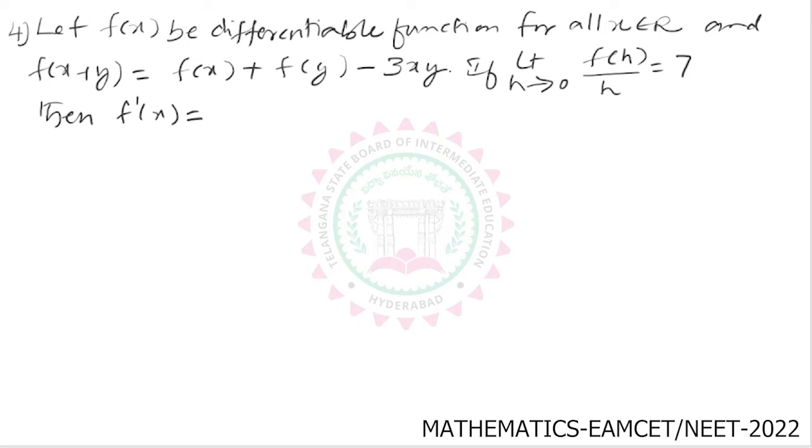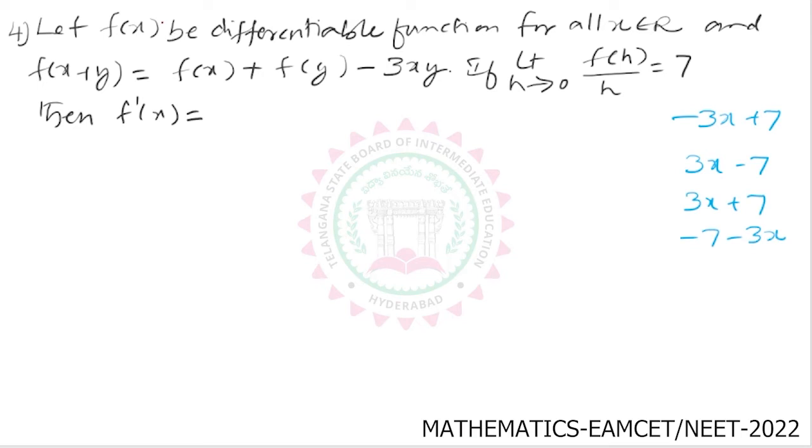Now the options are: the first option is minus 3x plus 7, second option is 3x minus 7, third option is 3x plus 7, fourth option is minus 7 minus 3x.